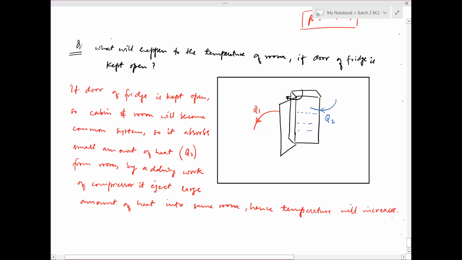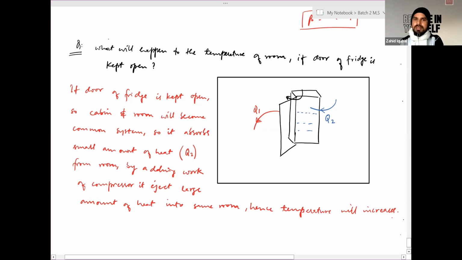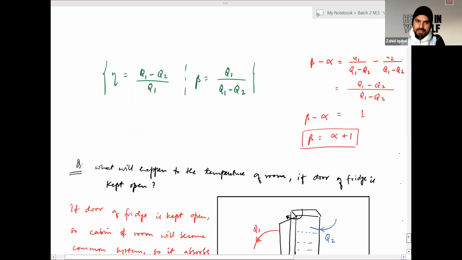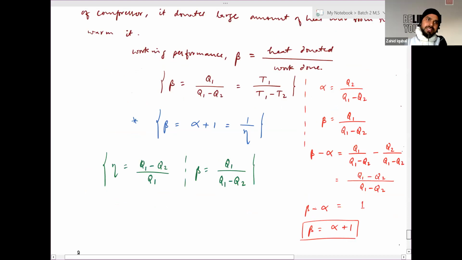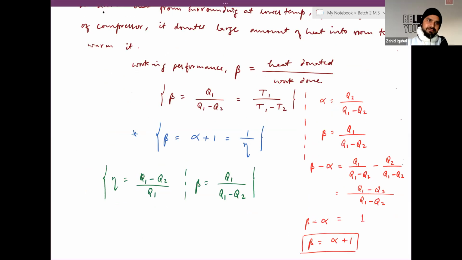Clear. Now the question is, why do we use a heat pump? We can use a fridge in both seasons: in summer keep the door closed, and it acts as a cooling agent, and in winter keep the door open, and it acts as a heating agent. So why do we use a heat pump instead of the fridge? Let me explain its working performance.